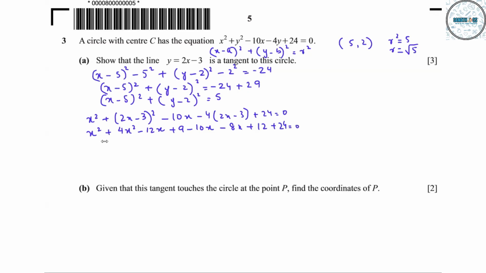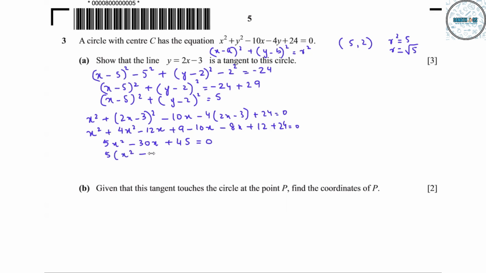Now we have here 5x squared minus 30x plus 45 is equal to 0. We can take 5 as common.